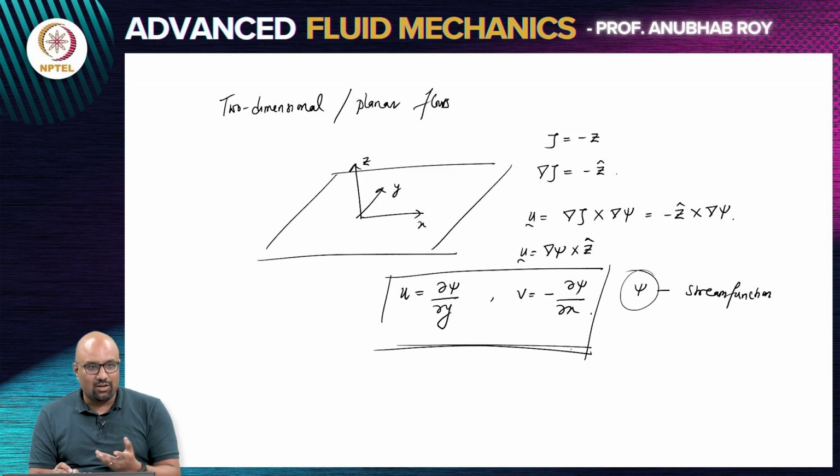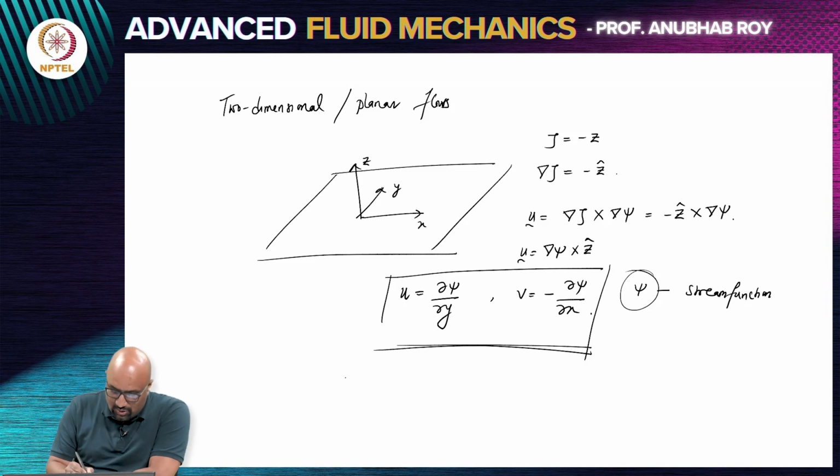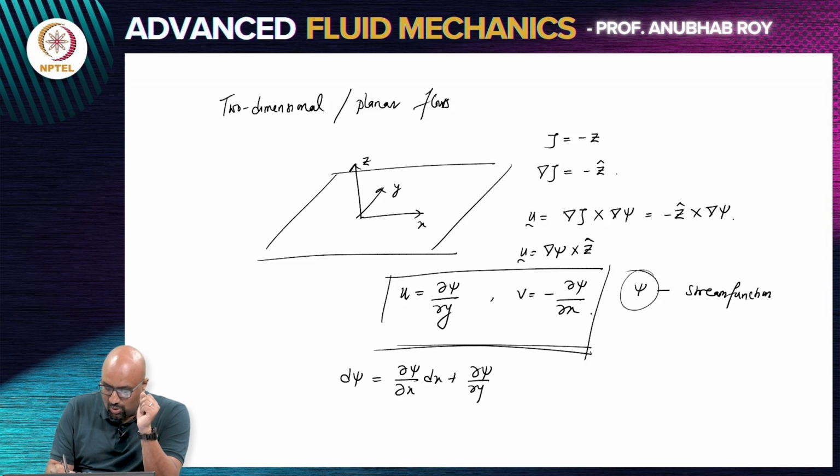Now, what is the connection of the stream function with the streamlines? If I write d psi, which means a small change in psi, and psi is a function of x and y, a small change in psi would be dou psi dou x dx plus dou psi dou y dy. Now, substitute from the relation in terms of velocity.